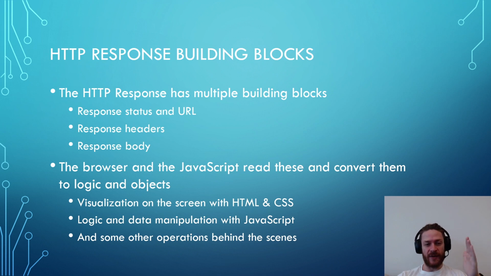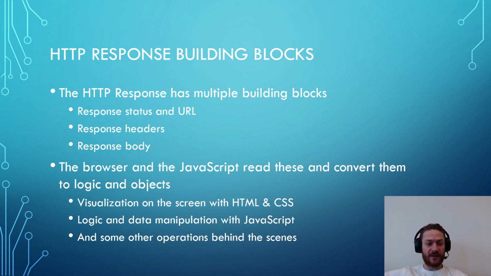Again, we have a status code in the URL which returned the response, but again we have headers and body. And the headers tell the client or the browser what kind of body we return. Do we return HTML? Do we return CSS? Do we return whatever, something else?